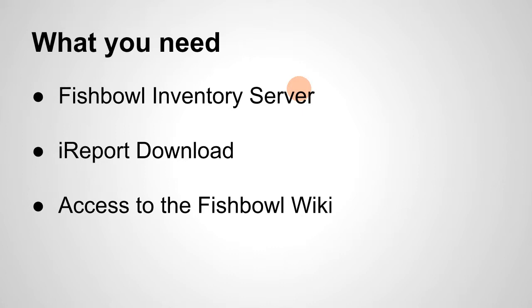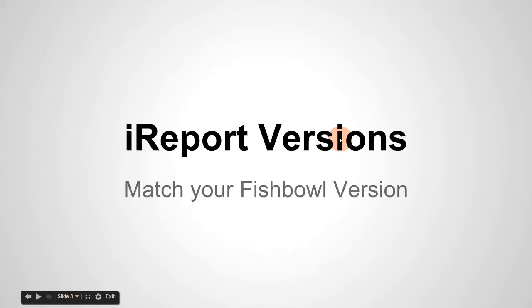I really implore you to follow the instructions, otherwise you're going to get the errors that you see. And before we start, I want to make sure that people focus on the iReport version that is installed with their system. The wiki includes which iReport versions match which Fishbowl installations, and I encourage you to make sure you download that exact one. Otherwise, you will have problems with backwards compatibility and things like that.